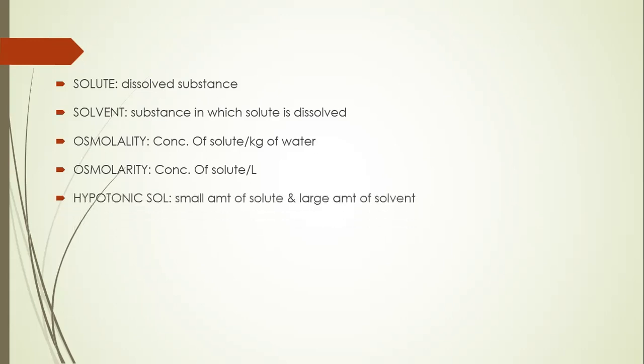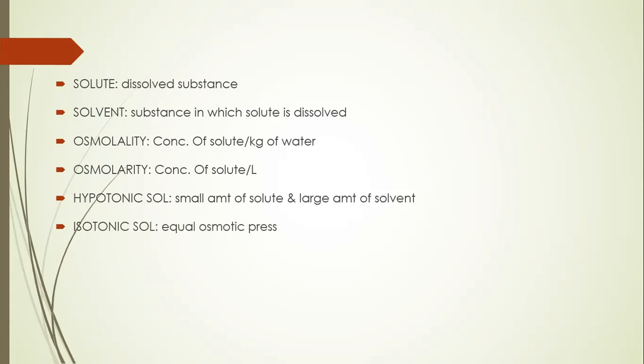And then the solutions: we have hypotonic solutions, isotonic solutions, and hypertonic solutions. What are hypotonic solutions? Simply, in that condition the solutes are smaller in amount compared to the solvent, for example 0.3 percent or mainly 0.45 percent normal saline, which we consider in the clinical aspect.